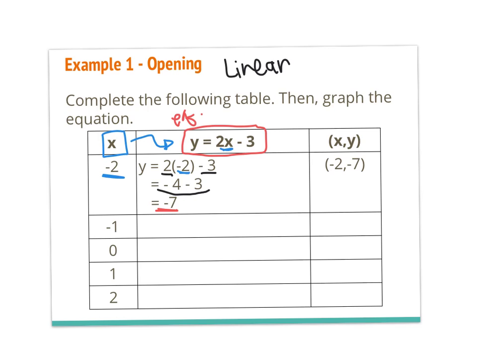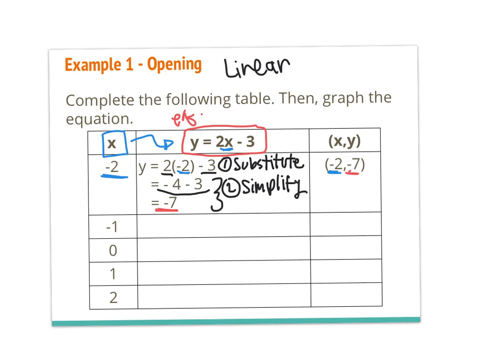So really what I did here, if I were to show my work, is first I substituted in. Substitute. And then I simplify. All of that together, I'm going to get my -2 is going to be my x coordinate, and my -7 is going to be my y coordinate.